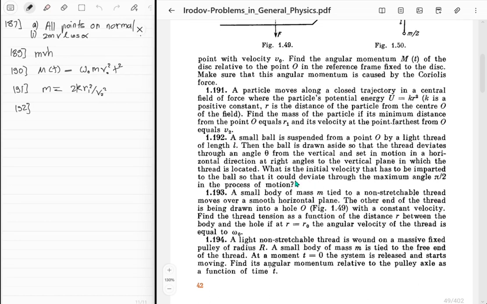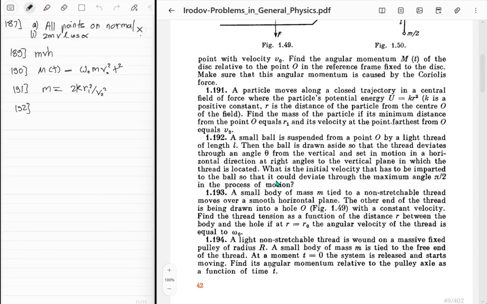So the thing is, first of all, you don't really need the time at all, right? You don't need any time dependencies. You just want the dependencies on the angle theta of different things, of course. So there are three equations that we can use. First is the fact that the angular momentum in the z direction is a constant.